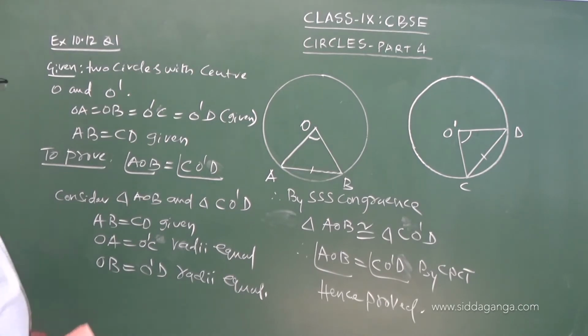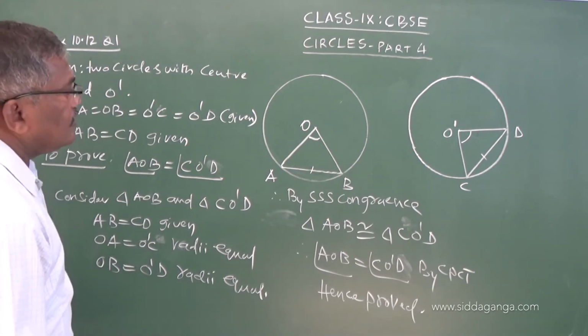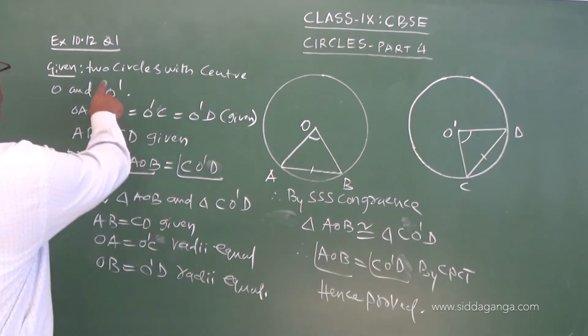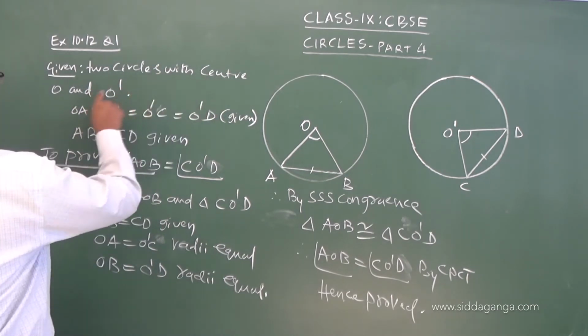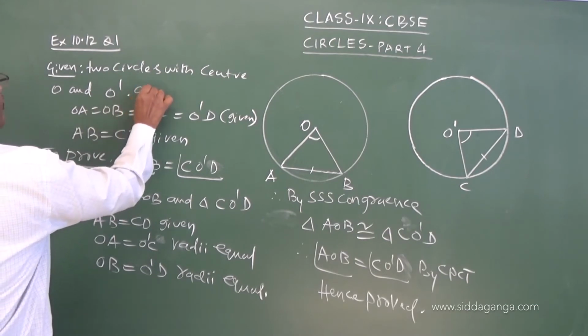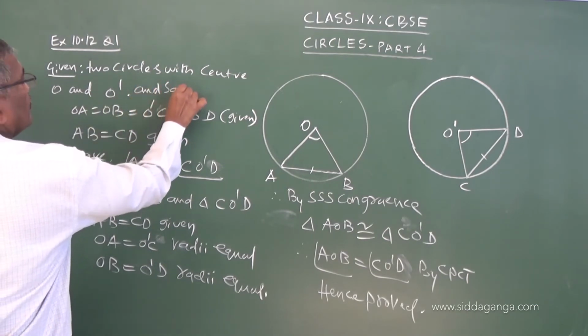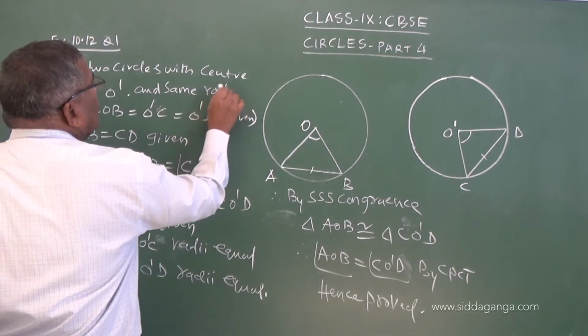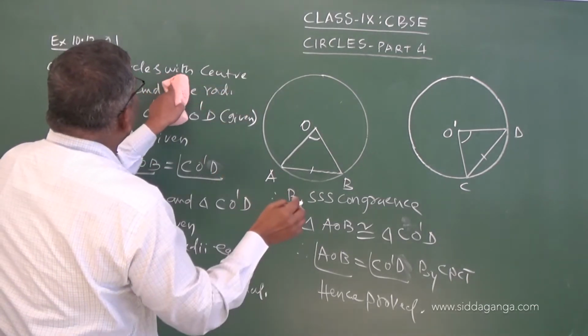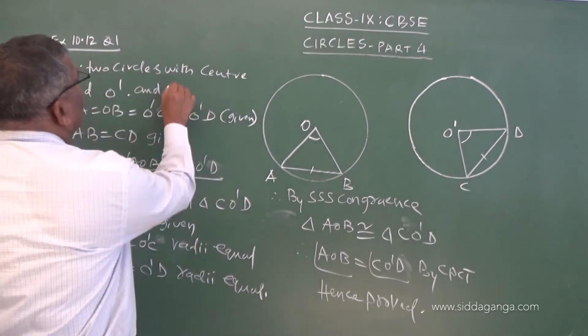Here you have to write one sentence. Two circles with center O and the same, or equal, radius.